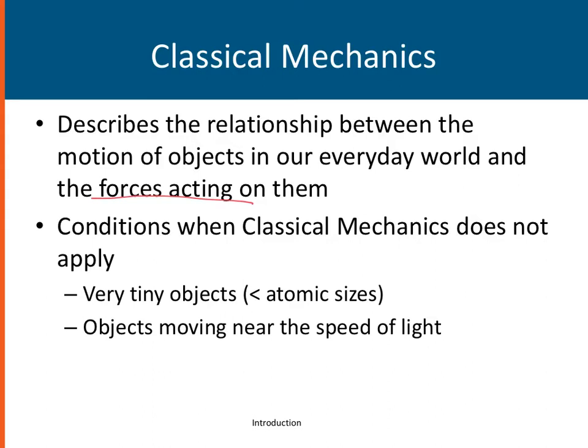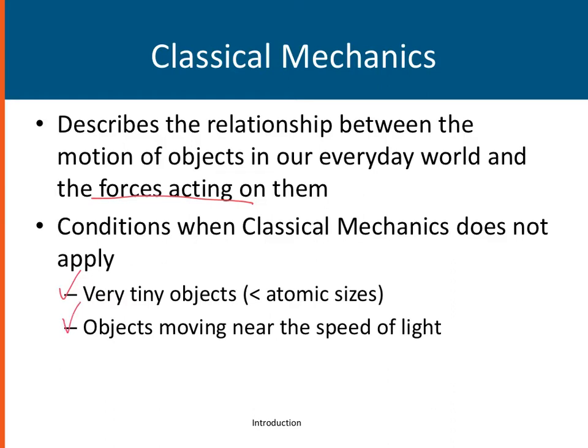The method we are using is called classical mechanics, and classical mechanics is great for everyday situations. However, it starts to break down and it doesn't work in certain conditions. The first condition is when we're talking about very tiny objects. So classical mechanics cannot be applied at the microscopic level. And also objects moving near the speed of light.